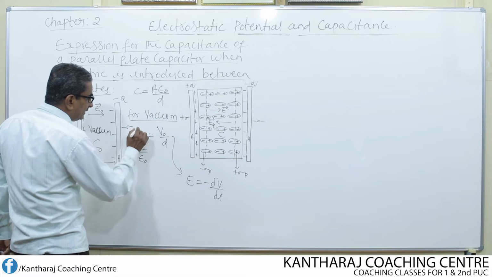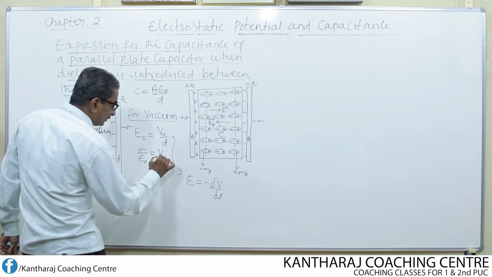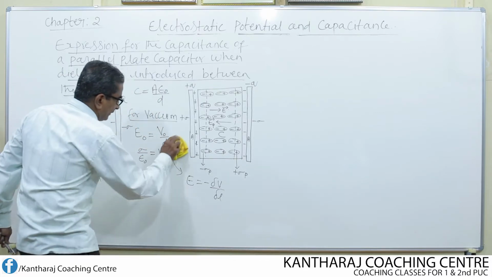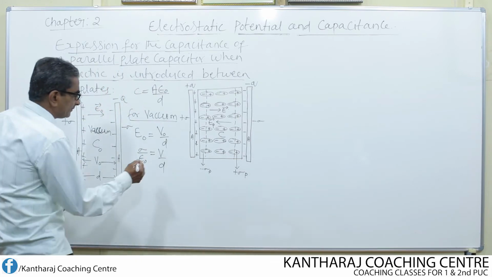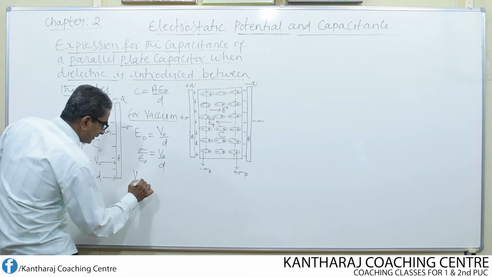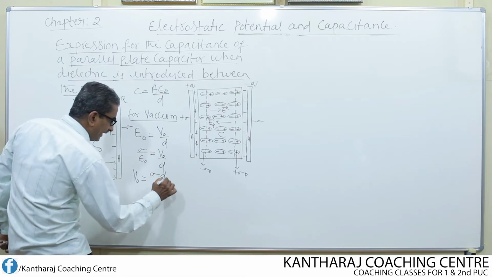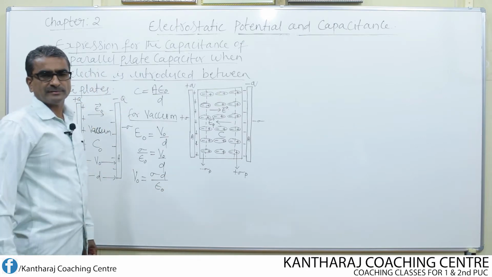Remember, this is E naught and this is epsilon naught, equal to V by D. Now, cross multiply, find out V naught. V naught is equal to sigma into D divided by epsilon naught.